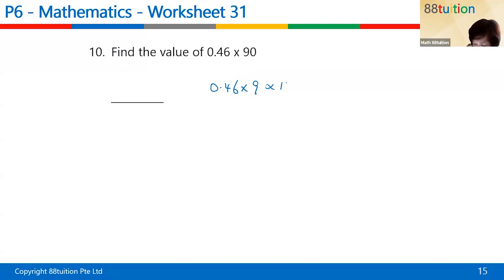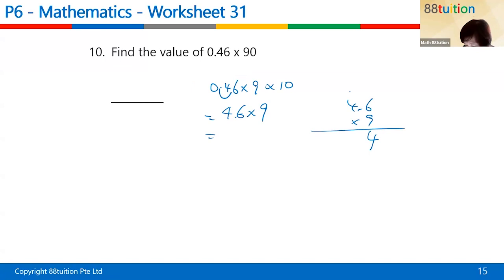Key will be 9 and 10. Why 9 and 10? I'll get 4.6 because I shift the 10, because calculators are not allowed when you are doing the paper one. I just check back because I'm a bit fast. 0.6 times 90 equals 41.